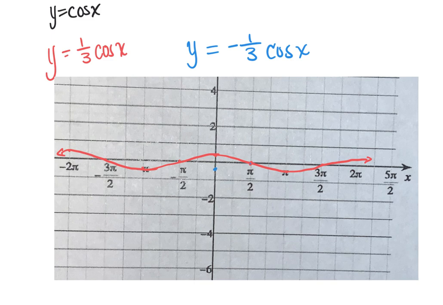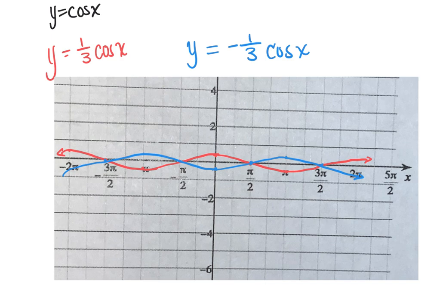I would still go to my 0 at 1/4, right? I would go to my highest, which is now +1/3 halfway through, back to 0, and then back down to my lowest. So it literally just flips that graph upside down. And so it now does this. It literally just reflects it across the x-axis.